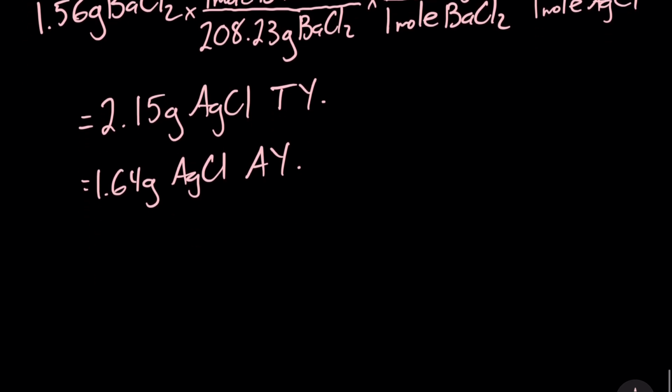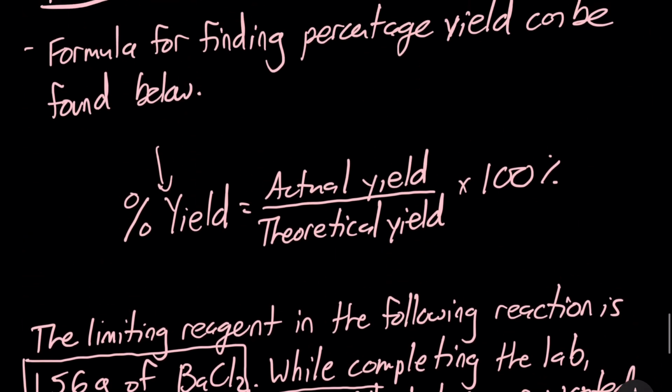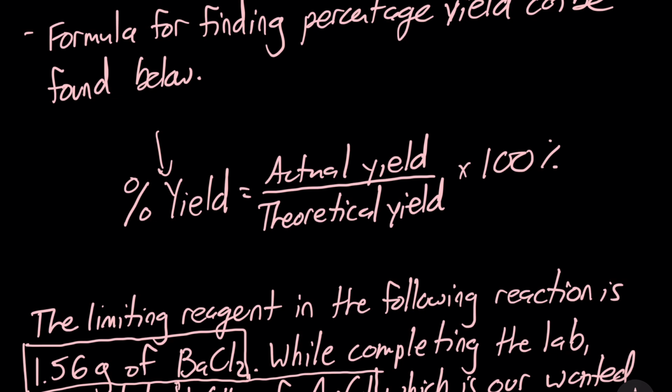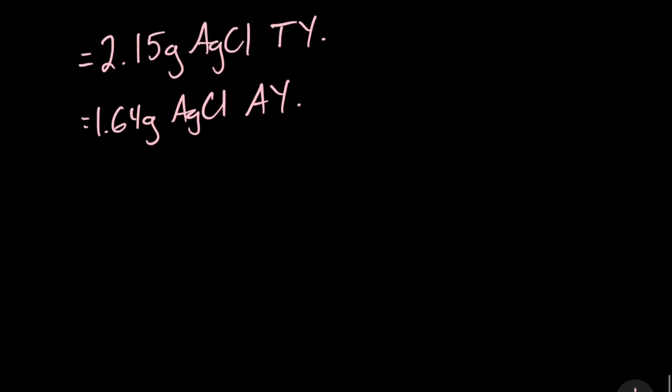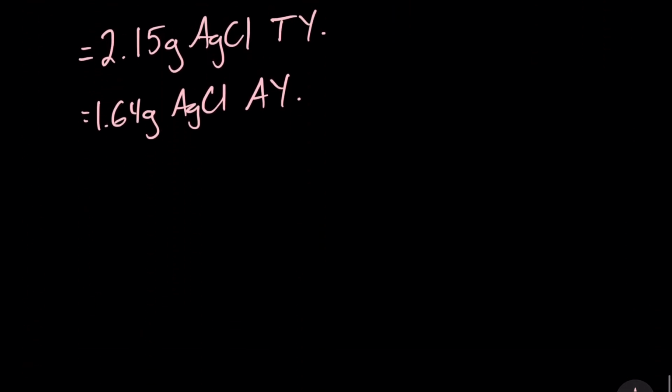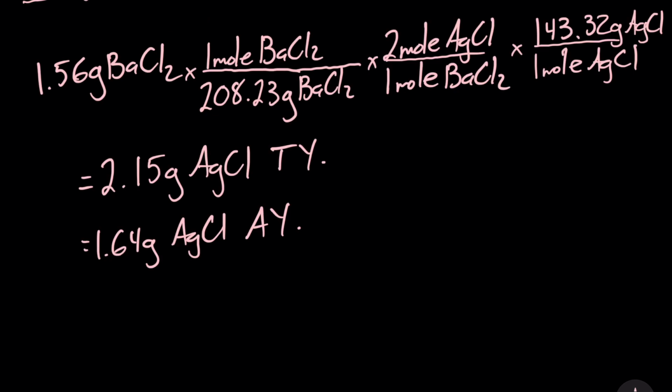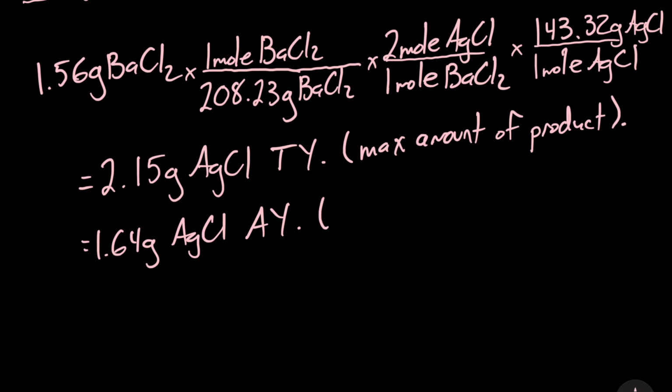So we can use that formula that we looked at before. Actual over theoretical multiplied by 100% to give us our percentage yield. So we found our theoretical yield. This was found through stoich, and this is our max amount of product from this reaction. So that is as much as is possible.